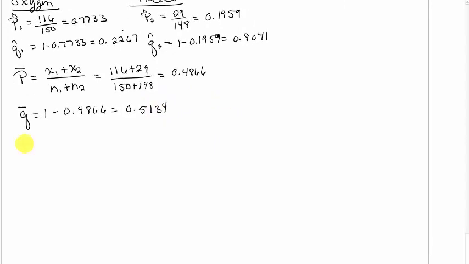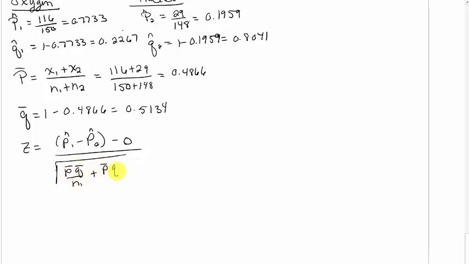Now we can plug all of this information into our formula for z. That's p hat sub 1 minus p hat sub 2 minus 0. Remember, the difference of the proportions is usually 0 in these tests. And then that's divided by the square root of p bar q bar over n1 plus p bar q bar over n2.